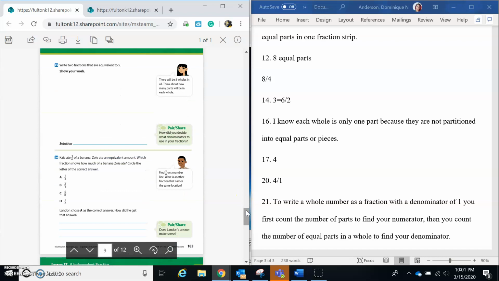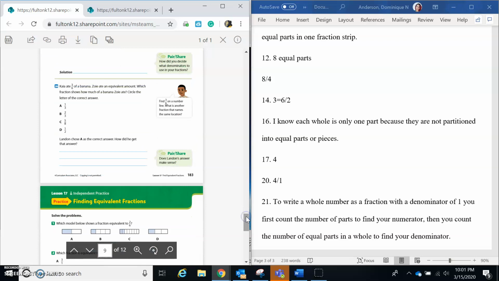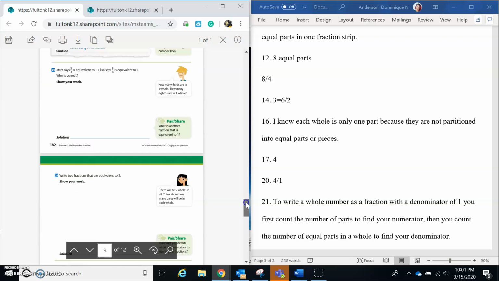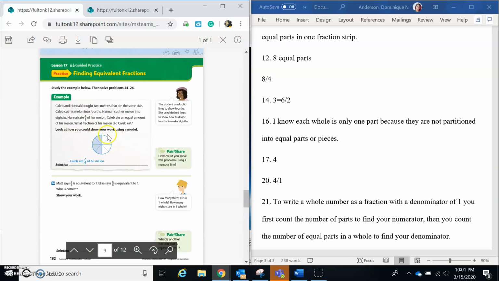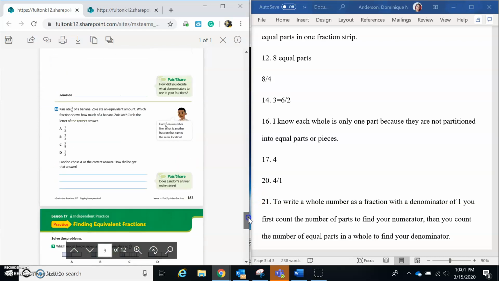25 says write 2 fractions that are equivalent to 5. I want you to try that one out. 26, Kaya ate 3/6 of a banana. Zoe ate an equivalent amount. Which fraction shows how much of a banana Zoe ate? Circle the letter of the correct answer. You might want to do like they did here, with the solid and then the dotted lines to help you.